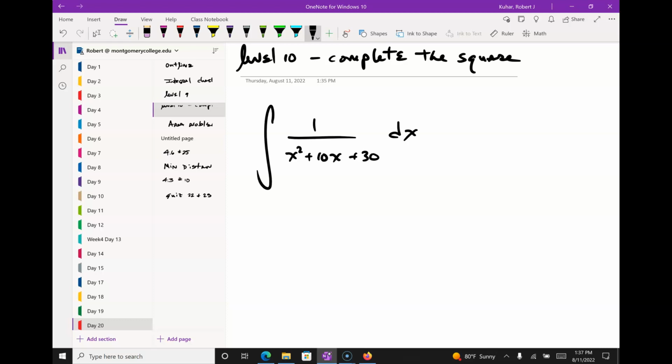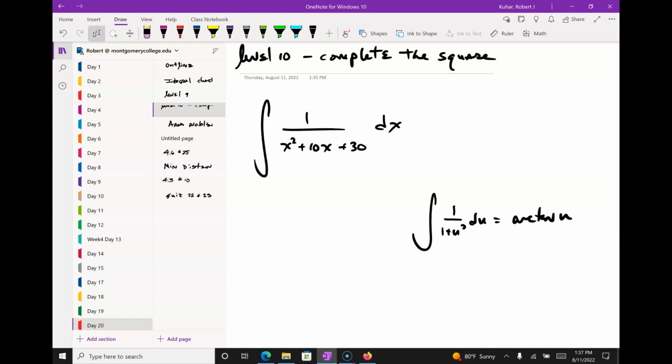So then I'm on to my inverse trigs, and I think it might be an arctan, right? What do I remember about arctan? I need the integral of 1 over 1 plus u squared du to get arctan of u, right? So I'm going to try and see if I can get this thing to be a quadratic by completing the square downstairs.